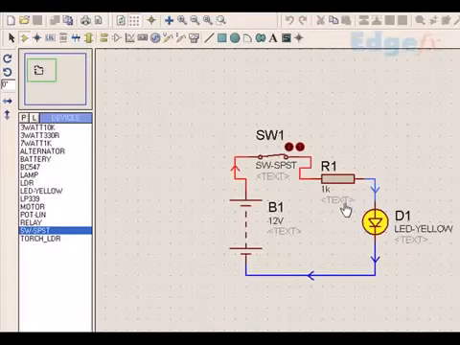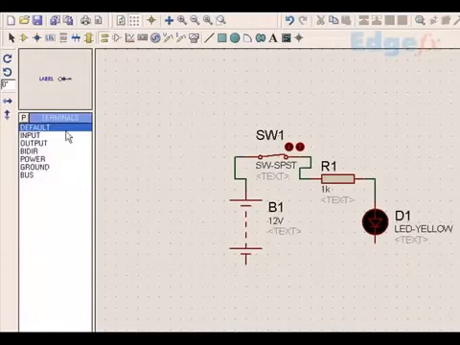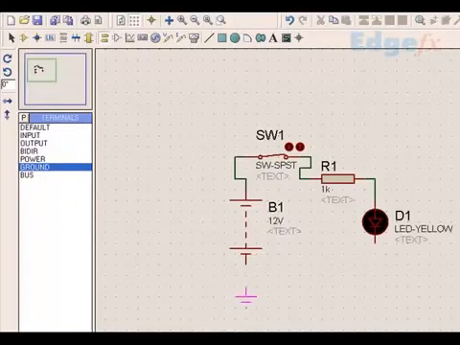Let me repeat it again. The path means it has to start from the positive and reach the negative, right? In most electronic circuits we do not have it shown like this. What we do is provide a ground connection, and give a ground here and here, and even then this circuit is the same as what we had seen earlier.